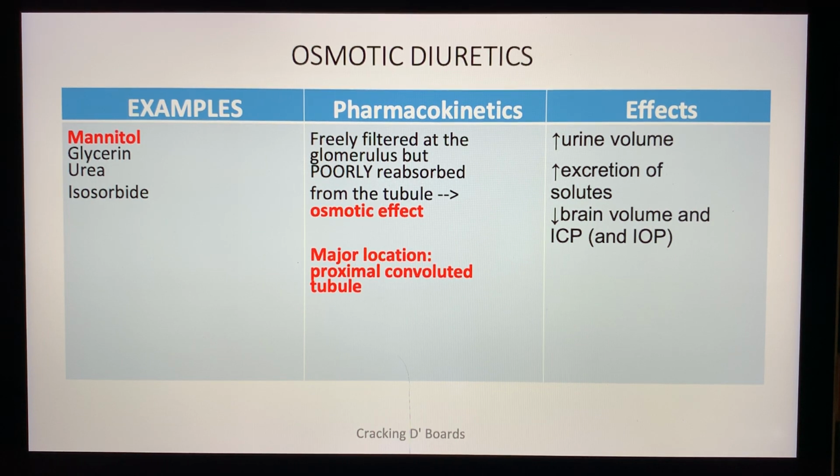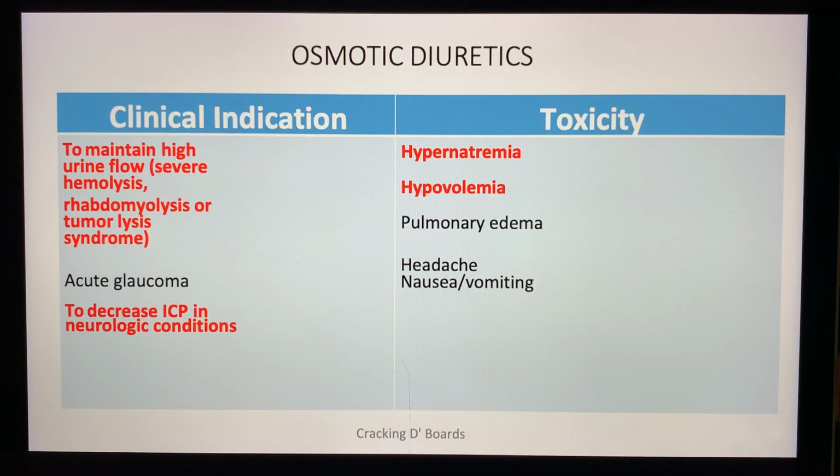So with this, I have outlined the must-knows about your diuretics, the drugs that affect water and sodium balance. So memorize that by heart. And we're going to end up with this pearl.